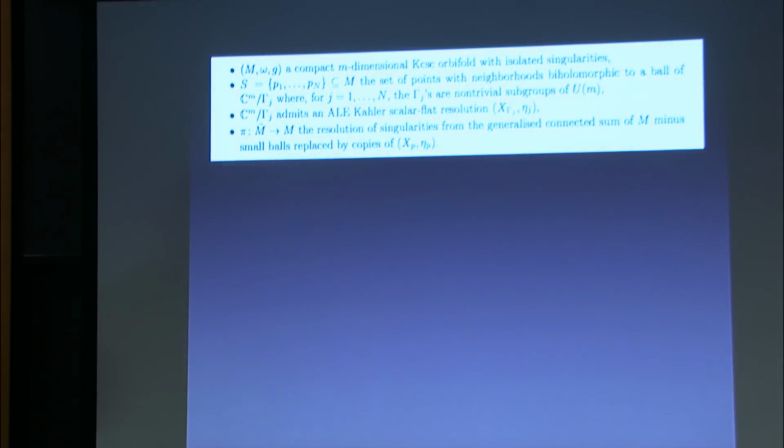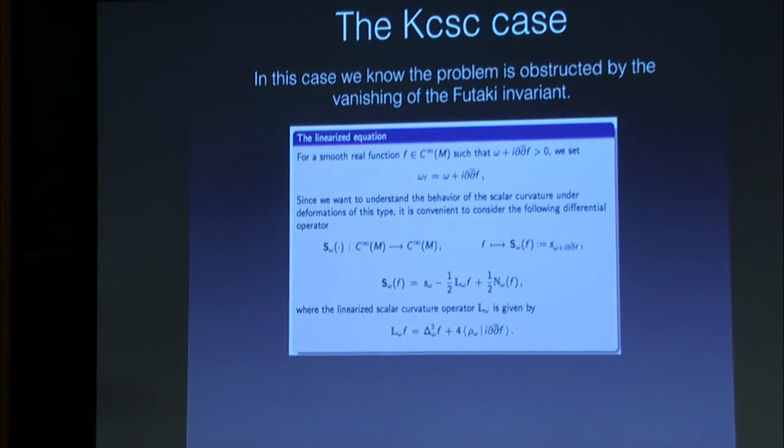Okay, the Futaki invariant is there and is going to tell me no. You start with a constant scalar curvature orbifold, you resolve the singularities, and there are two possibilities. Either by a miracle, the Futaki invariant of any resolution is 0, or there is an obstruction, okay? And in fact, there is an obstruction, and we need to understand it.